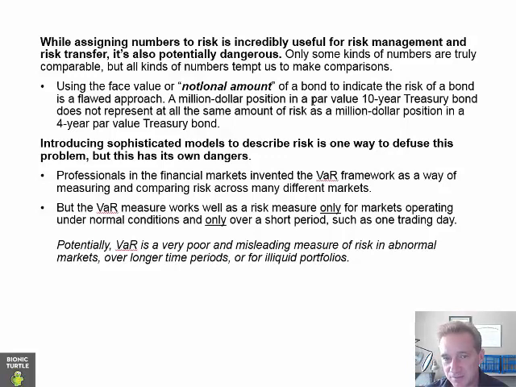That could be a view on the notional amount, par value, but that's not going to be comparable in risk to another bond where we also have $1 million notional exposure. So there's an instance where the numbers may be identical, but they're not comparable from a risk perspective.